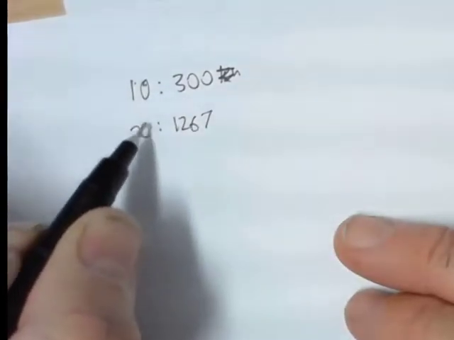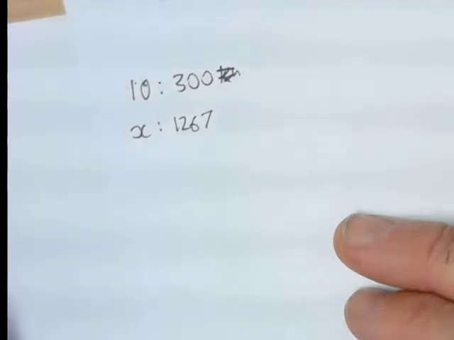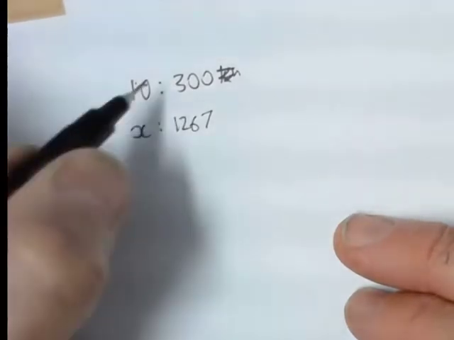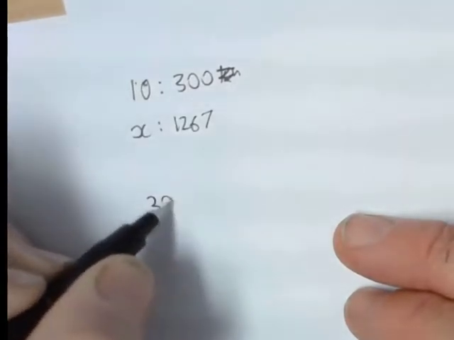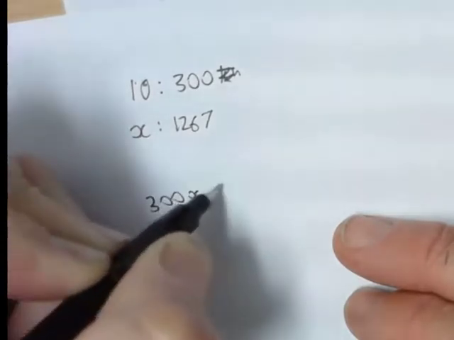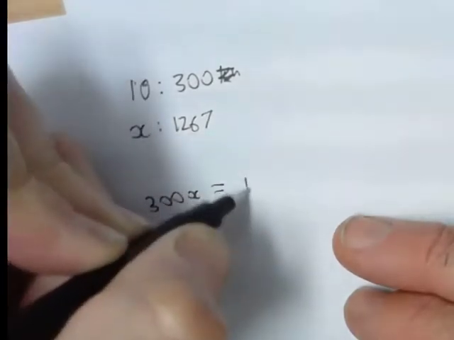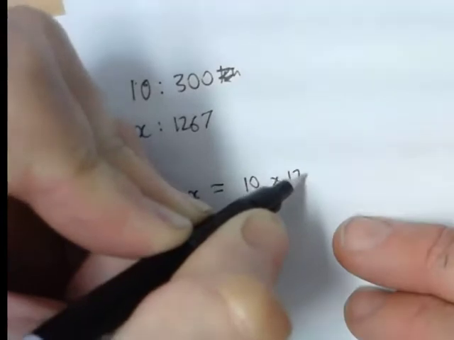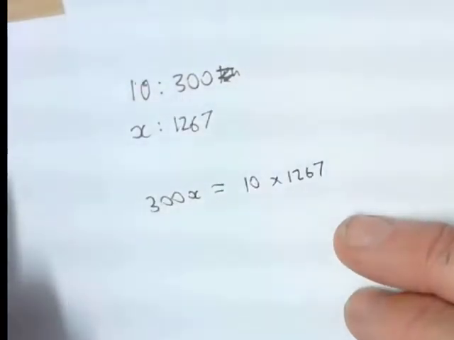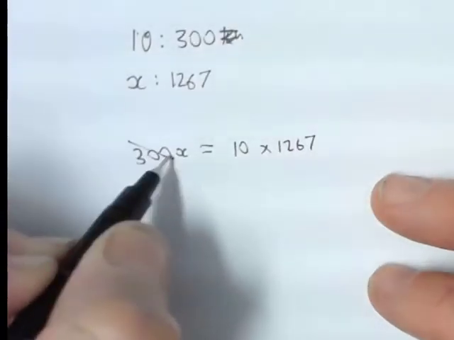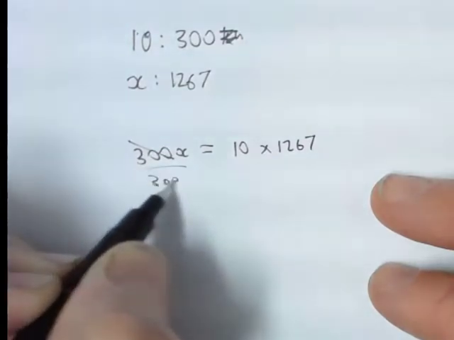Now, to be able to work out what x is, we need to put this into an equation, and we do that by cross multiplying. So that's 300x equals 10 times 1267. Then obviously we divide both sides by 300.